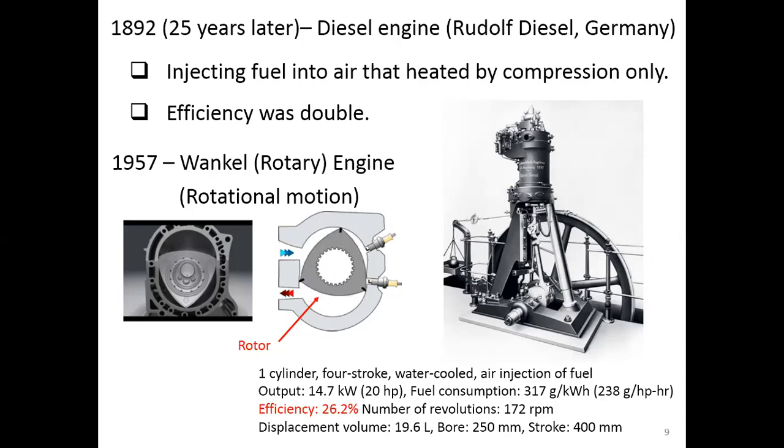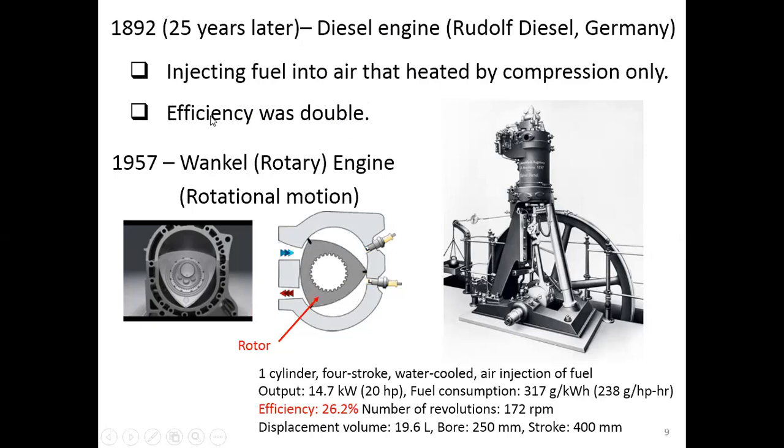No need to have any spark plug or any ignition. That's why he could name this engine a diesel engine, because of the different principles. And the efficiency was double that of the Otto engine. Otto is about 11, so diesel is about 22.